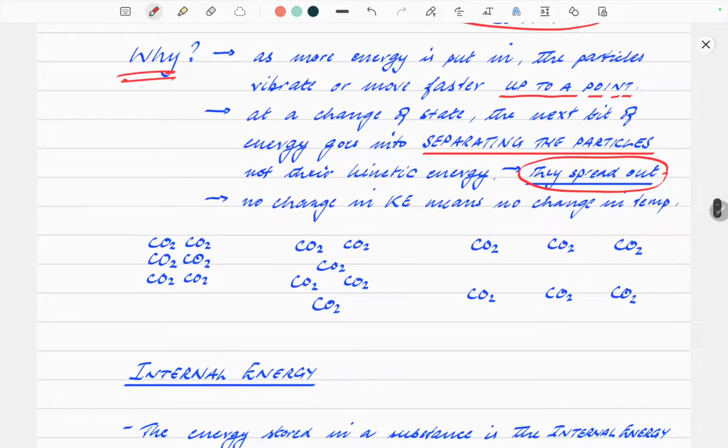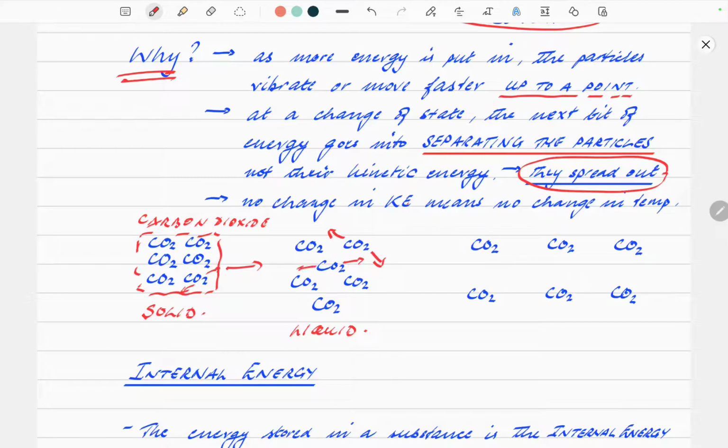Now, just to explain that a little bit more visually, right? In a solid, if you had frozen carbon dioxide, all right, CO2, there you go. So in a solid, packed close together, all right, like that, and they're all, let's say, vibrating a little, okay? So energy is contained within that order. Going to a liquid, the particles can move around and flow around each other, okay?